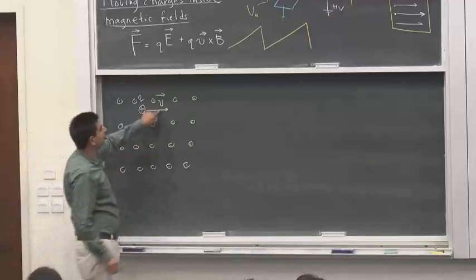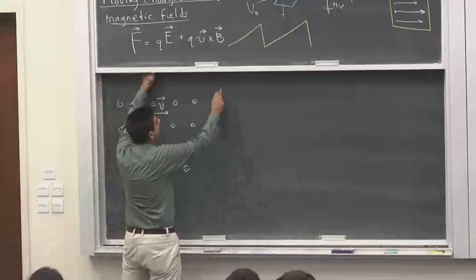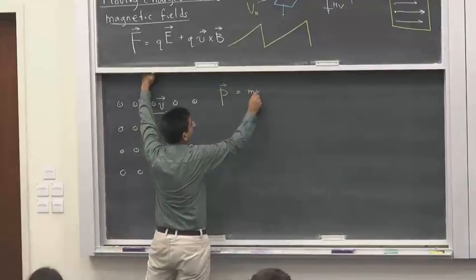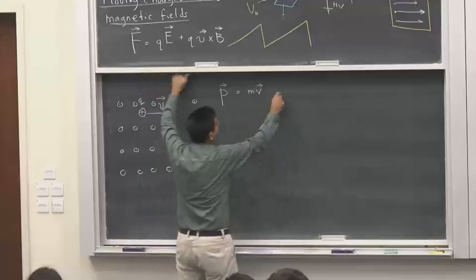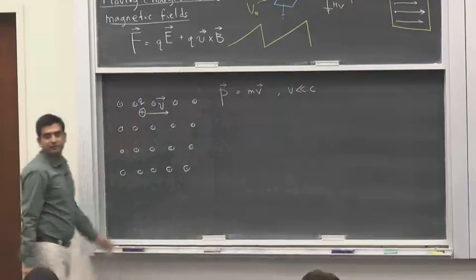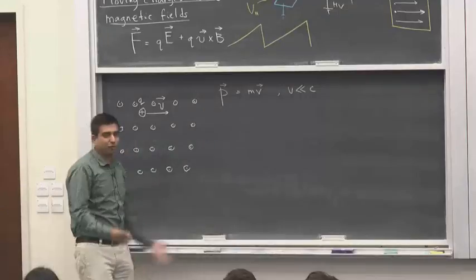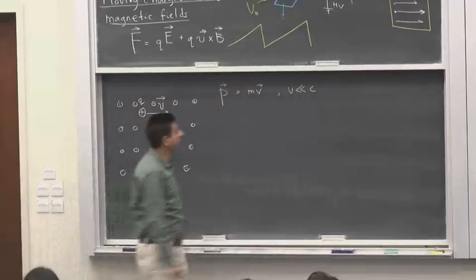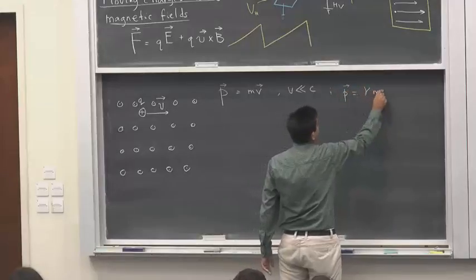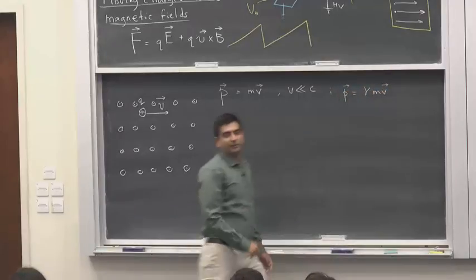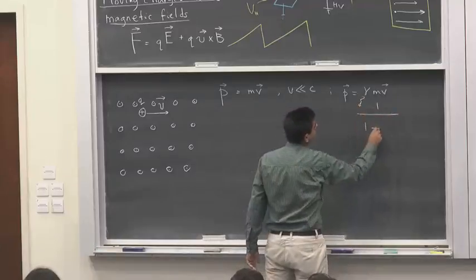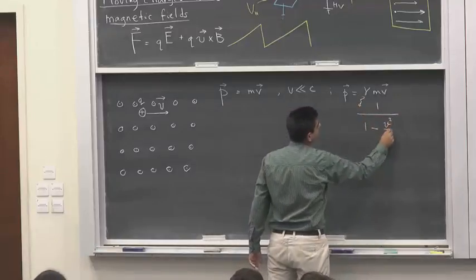Now this is a velocity, and associated with this velocity is a momentum, mv, if this velocity is really much smaller than the speed of light. If the velocity approaches the speed of light or is really large, then this p is in fact given by gamma mv, where gamma is defined as 1 over the square root of 1 minus v squared over c squared.